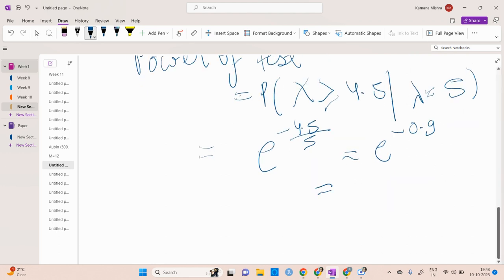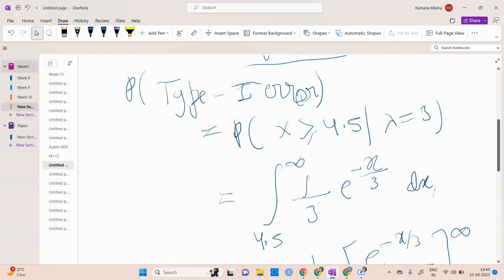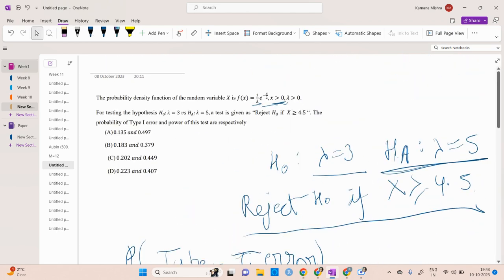And e to the power minus 0.9 was approximately, just checked, it is 0.407. So 0.223 and 0.407 will be the answer. If you have options already, you can just tick once you get one, like type 1 error, you don't need to calculate the power of this test.